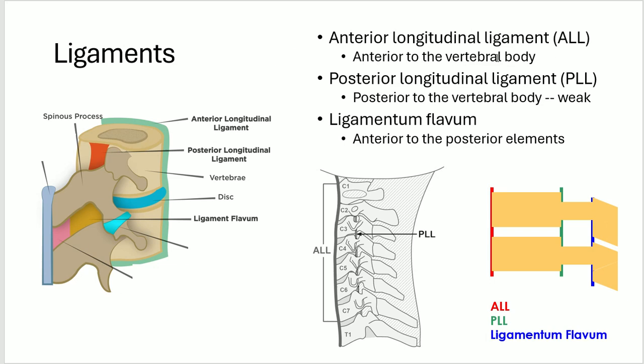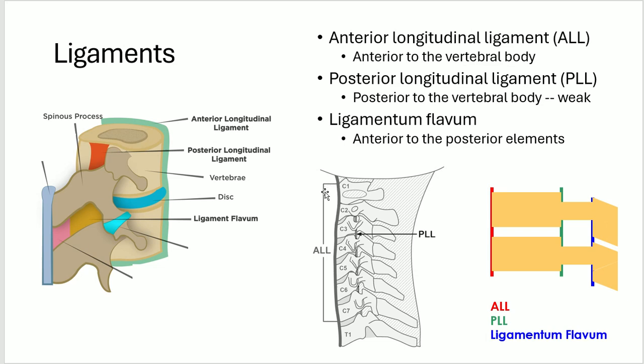It is anterior to the vertebral body. Okay, so it's going to be the front of the vertebral column outside of the spinal cord. So right here, this green is the anterior longitudinal ligament. So these are cervical vertebrae, C1 through C7.